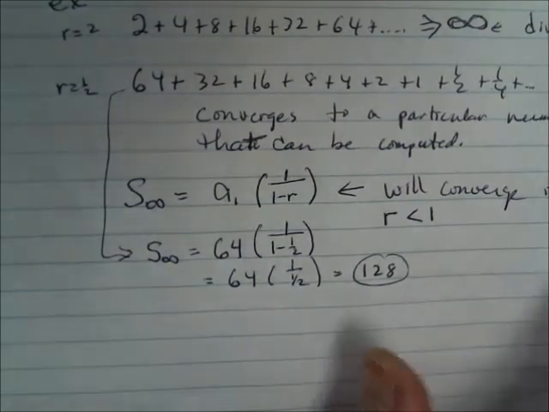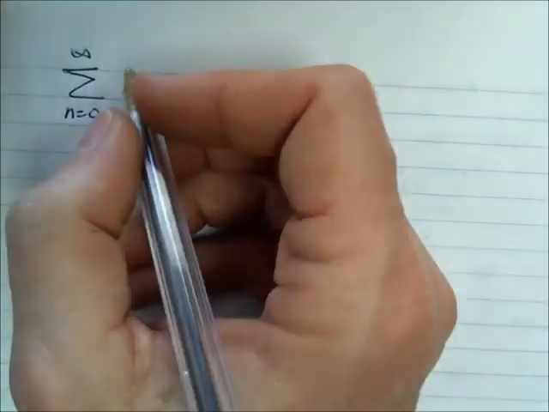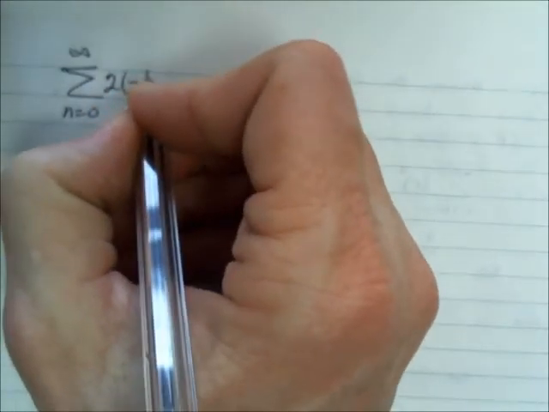So let's take a look at what this looks like in sigma notation, an infinite series. Let's say we're asked to sum from n equals 0 to infinity of 2 times negative 1/4 to the nth power.